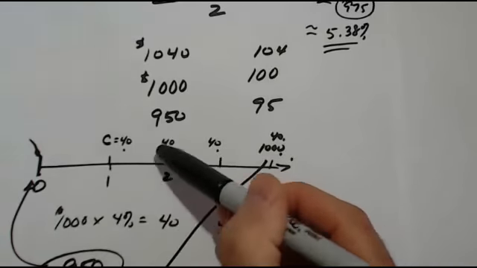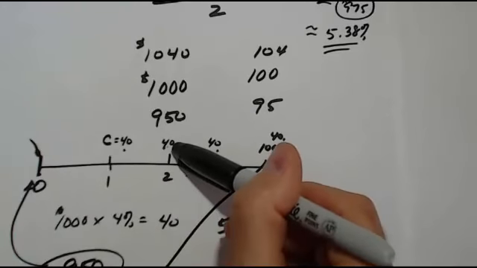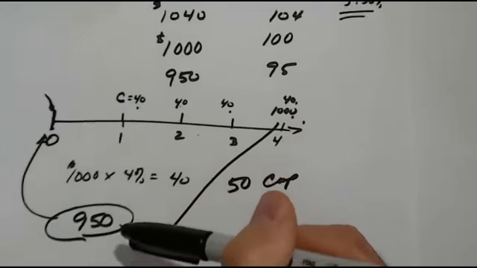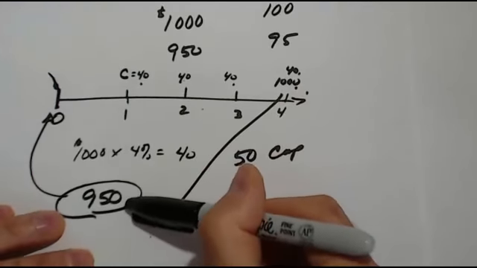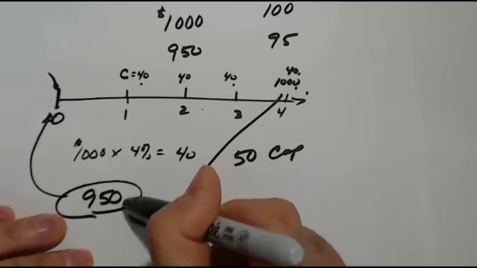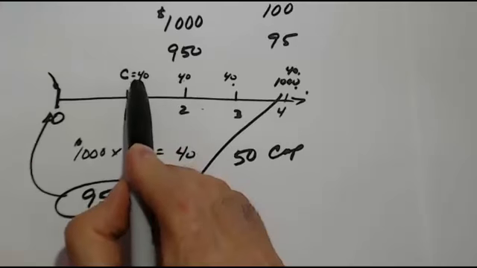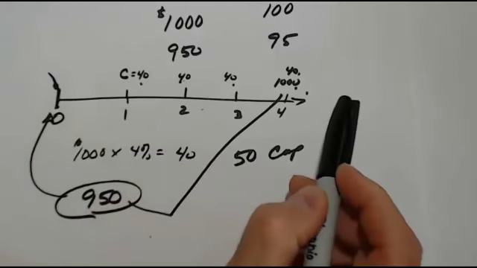That's it, 4%. This is not an attractive bond according to the market. So the market's going to set the price of this bond at a discount. And there we see it, at a discount. They're shaving $50 off this bond because it only pays a $40 or 4% coupon.